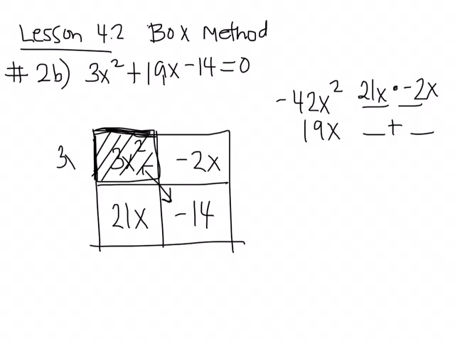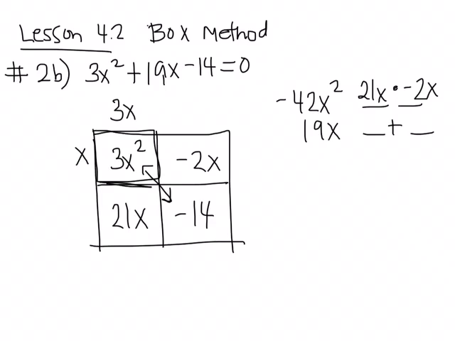Well, if I put 3x here, that doesn't work with this number because 3x as a side length could never work and give me negative 2x. So I know it doesn't go there. I'll put the 3x at the top because 3x could help me to get this 21x. So I know that 3x could go there and x could go there.